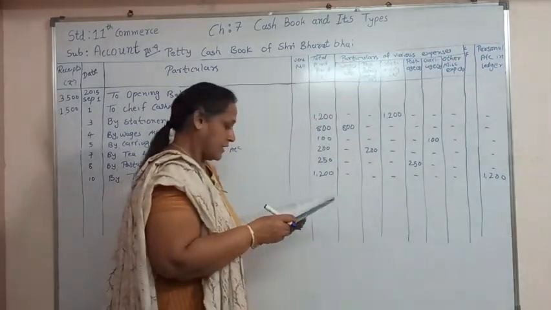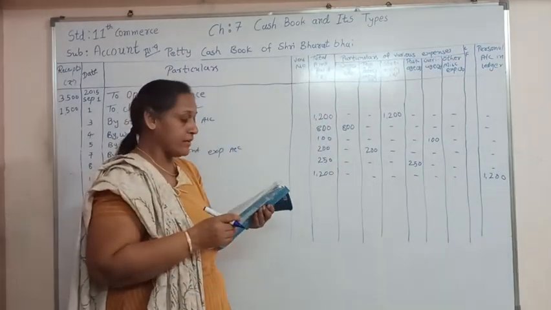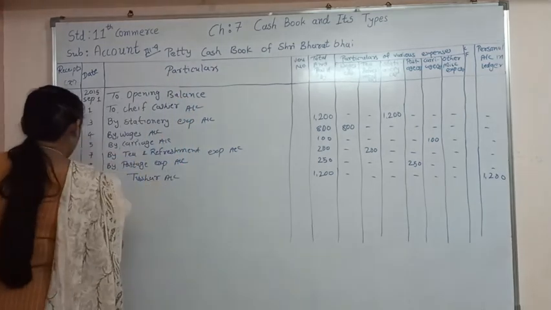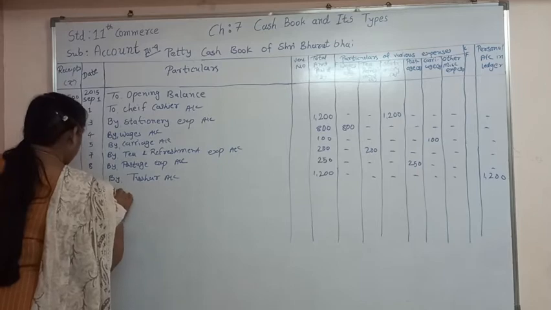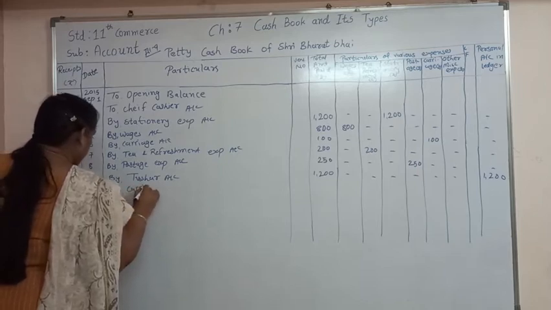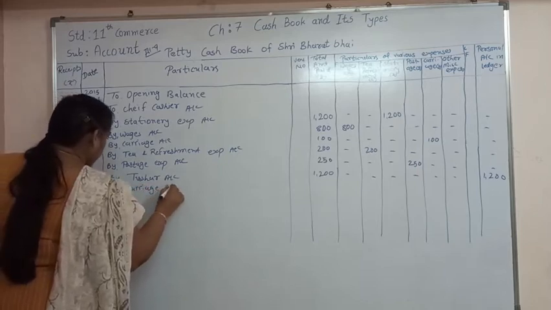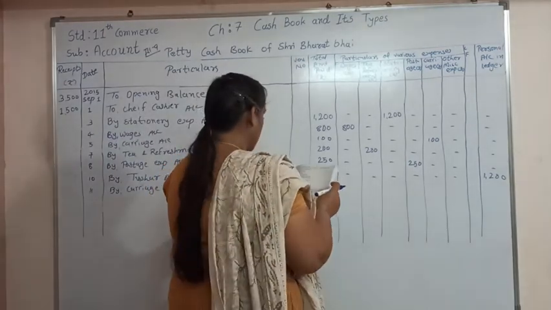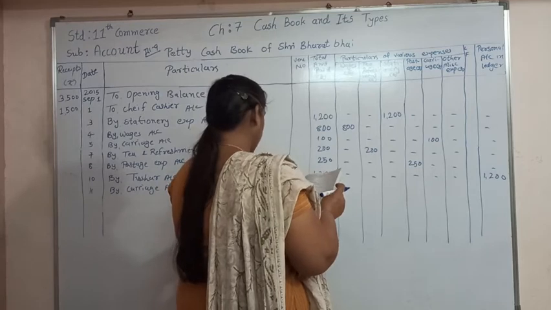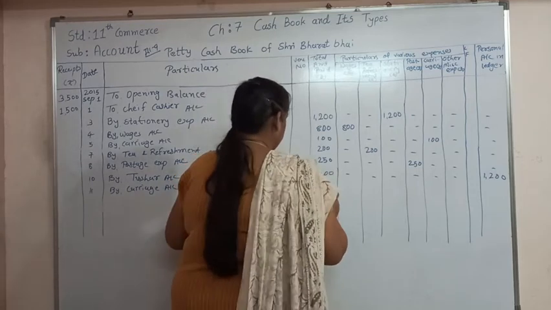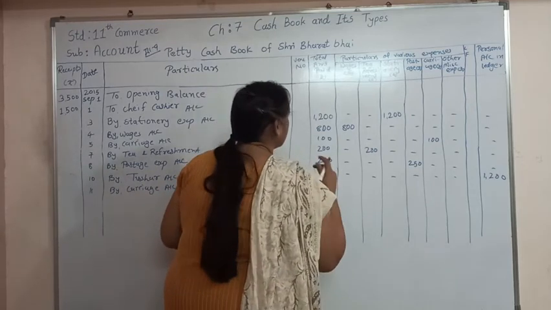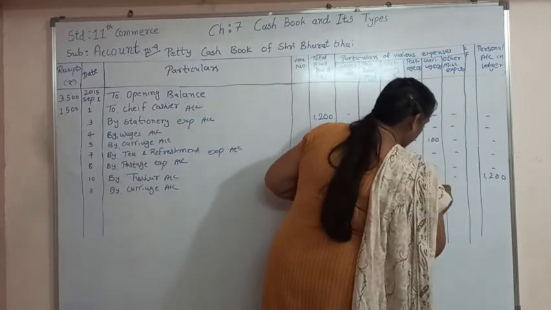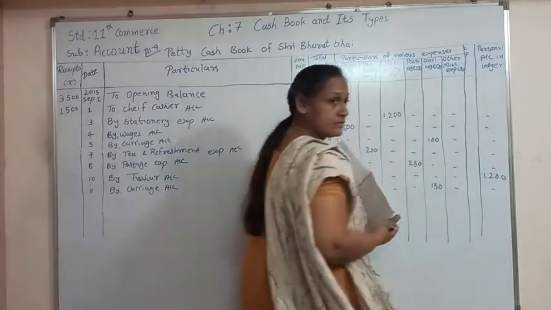Now on date number 11, rupees 150 paid for carriage. 11, by carriage account, and the amount is 150. Here we write in the column of carriage 150.